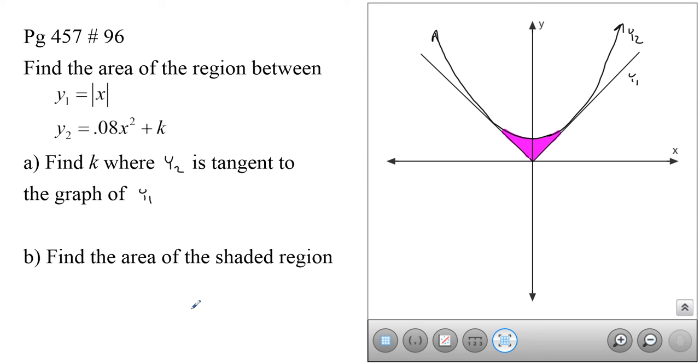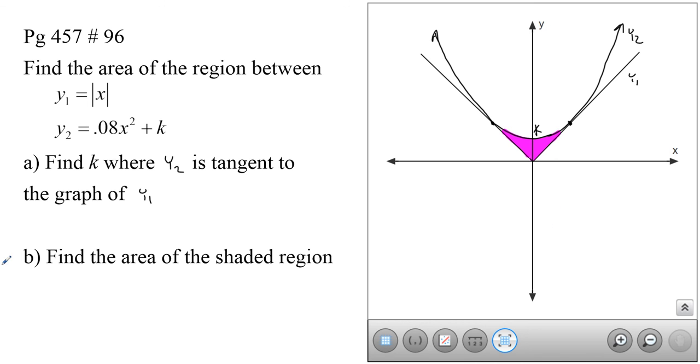And then find the area of the shaded region. So the first thing I got to do is find where this function is tangent to the square function. So I have something like this. I got to find the place, and I didn't even draw it very well, but I got to find the place where that becomes tangent, and we can move it up and down on the graph. So we got to figure out the correct k to make that work.